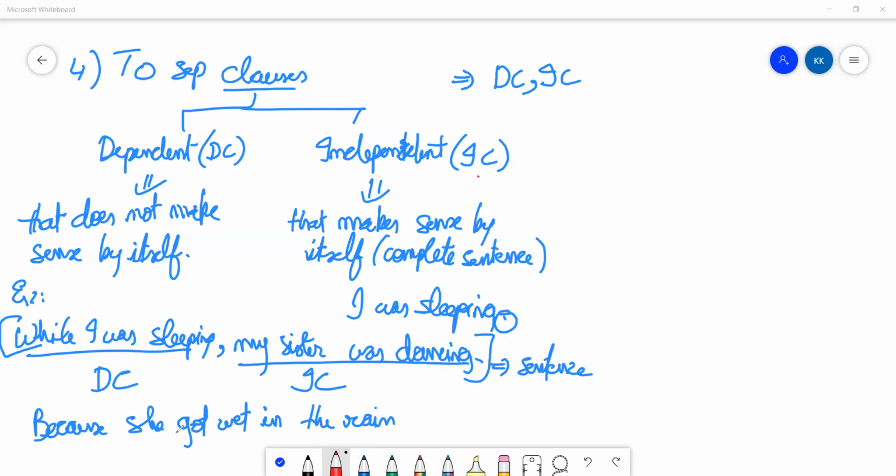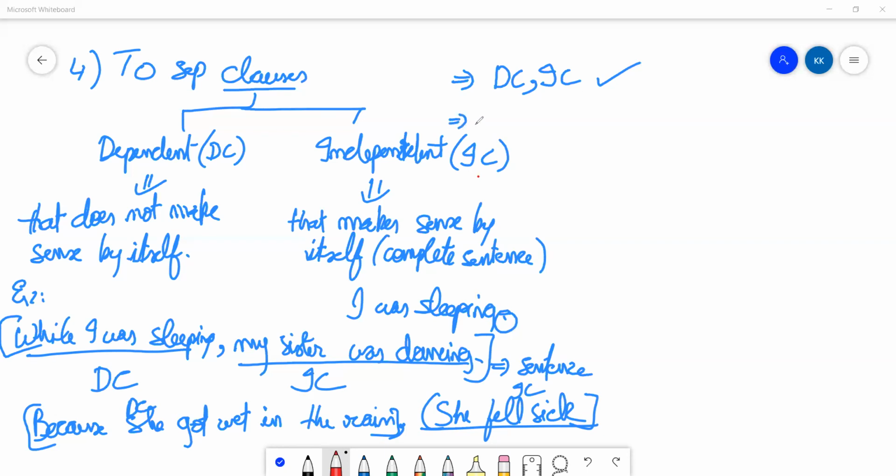Dependent clause. So I put a comma and I will put another clause to make sense out of this clause. So because she got wet in the rain, she fell sick. So this part is the dependent clause and this part is the independent clause. Now, DC, comma, IC is the structure.